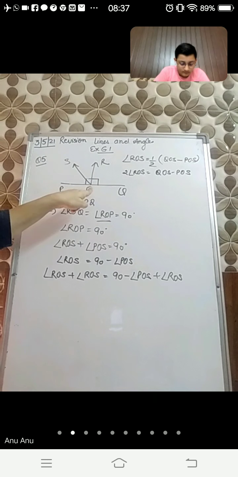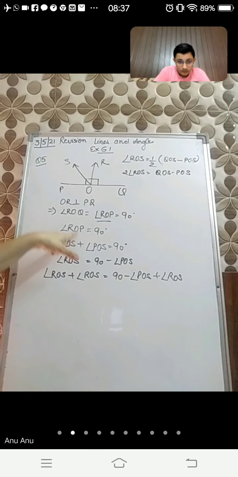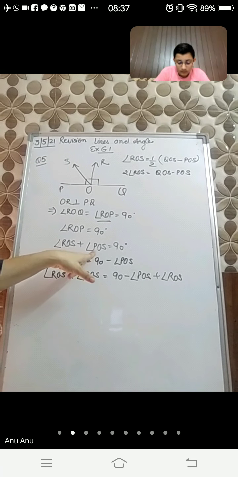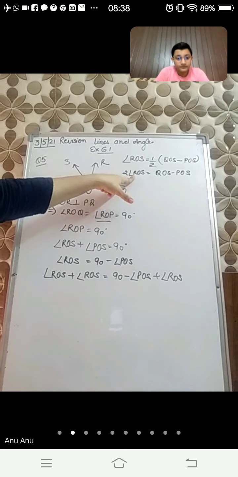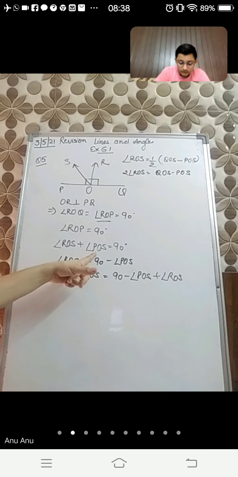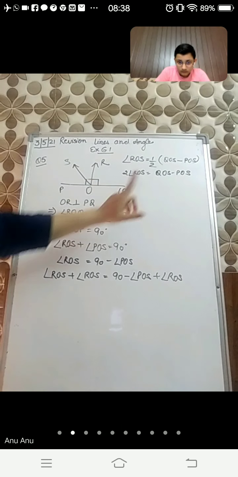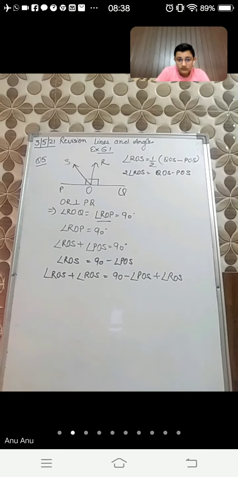We have split ROP into two parts. ROP can be written as ROS plus SOP or POS. SOP or POS is the same thing. We need the value of ROS, so let's move this POS to the right hand side. It will be negative. We need twice of ROS, so we have added ROS on both the sides.